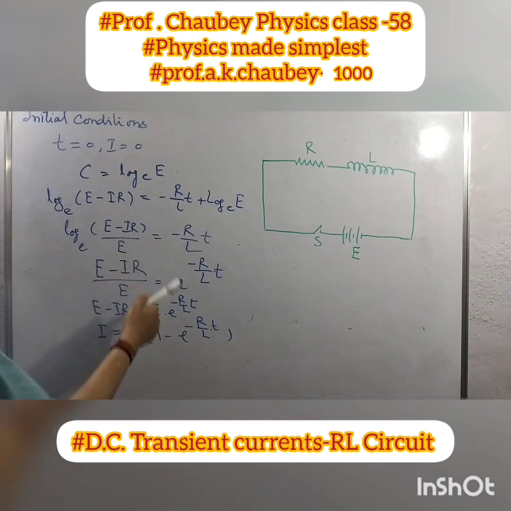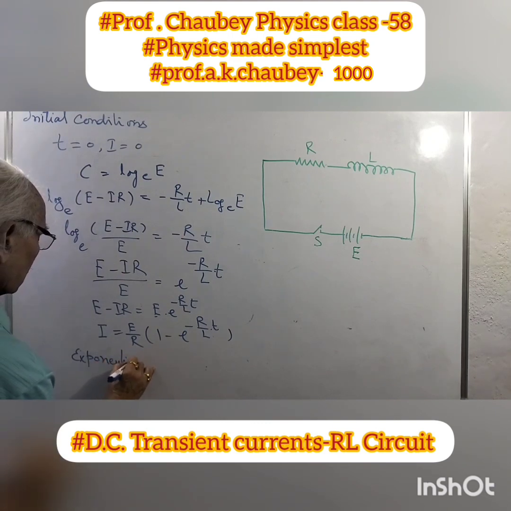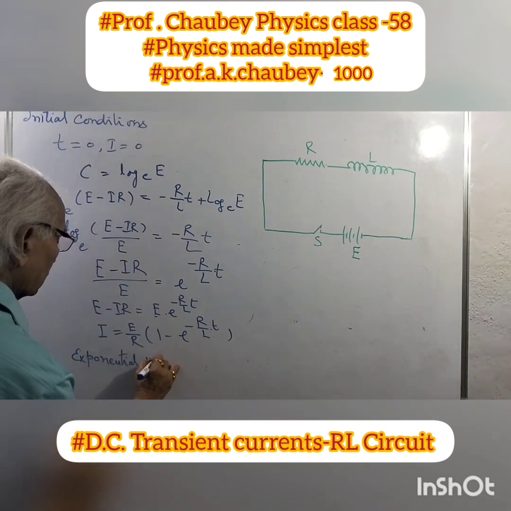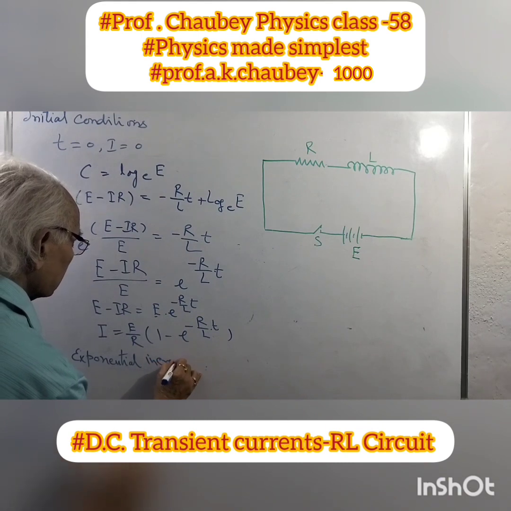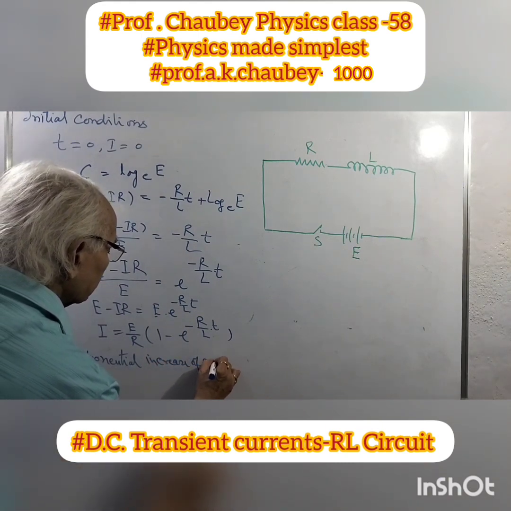This is the solution of this equation. Means you calculate i, so just combine this together, you get this equation. This is the exponential equation. So this shows exponential increase of current.